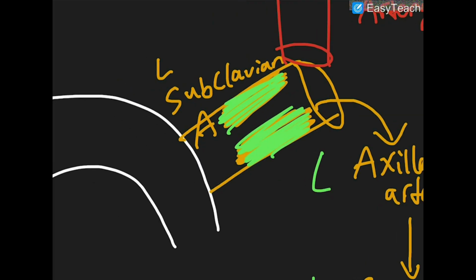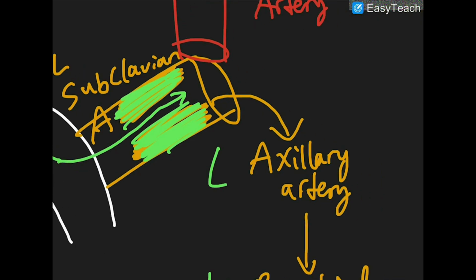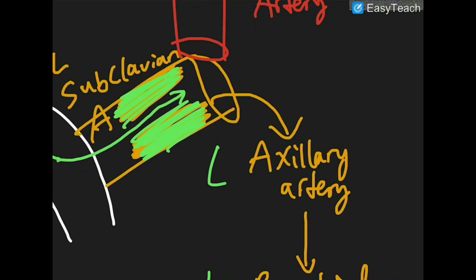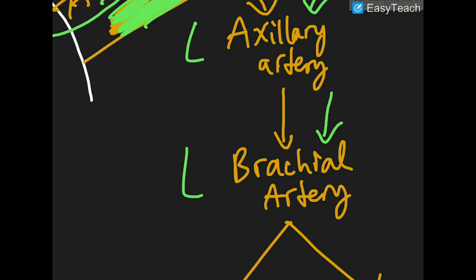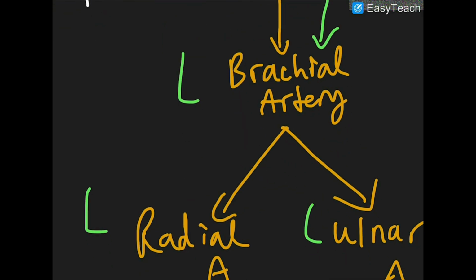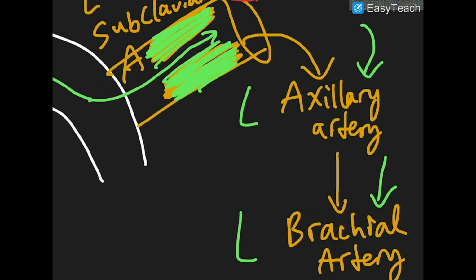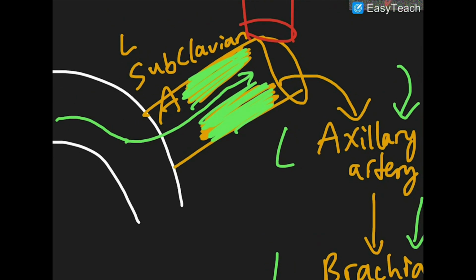When the heart contracts and the blood from the aorta is supposed to enter your left subclavian artery, this is very narrowed. So not much blood will be able to enter your left axillary artery, and therefore your left brachial artery, and then your ulnar and radial arteries. So you may see a low blood pressure in your left arm compared to your right arm.